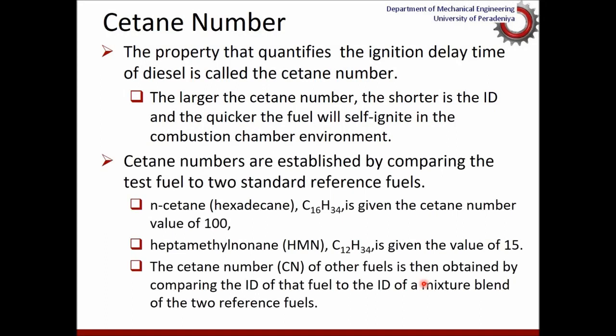Like in the case of octane number, the cetane number is also calculated with reference to certain standard fuels. So, n-cetane is considered as cetane 100, and heptamethylnonane is considered as cetane 15, and any fuel could have a cetane number between these.